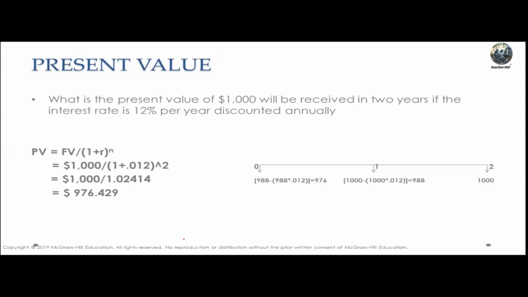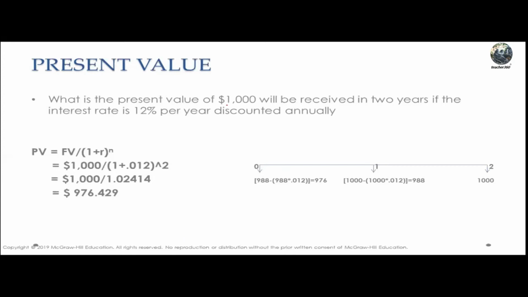There is an example here to get an idea about present value calculation. What is the present value of $1,000 you will receive in 2 years if the interest rate is 12% per year discounted annually?